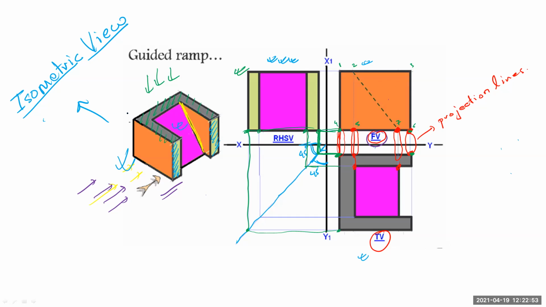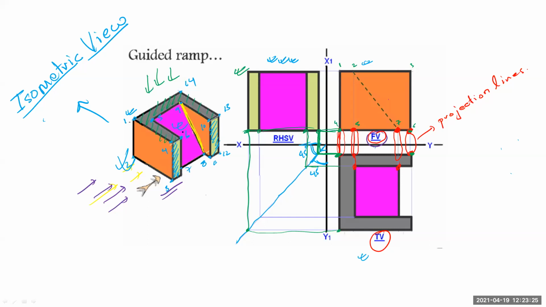Suppose this is your 3D figure, so you can give the naming of all the corner points: 1, 2, 3, and 4. This you can give 5, 6, here 7, 8. This is 9, 10, 11, 12, 13, 14.